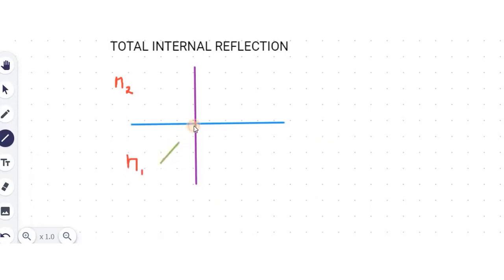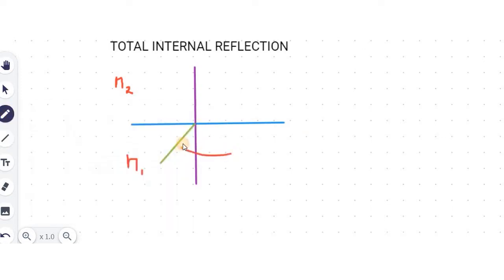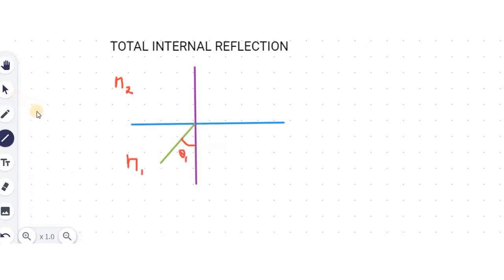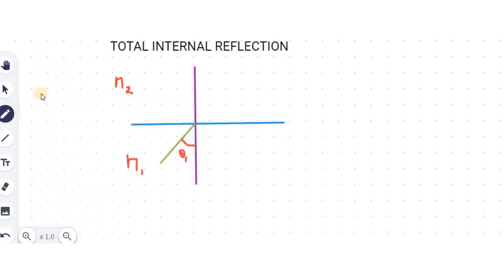This is our incident ray, and the incident angle is theta 1, and suppose this is a refracted ray, and the light ray is traveling from a medium of refractive index n1, and n1 is greater than n2.